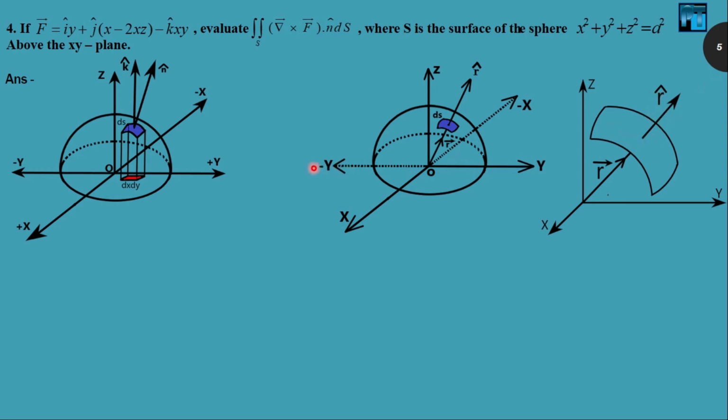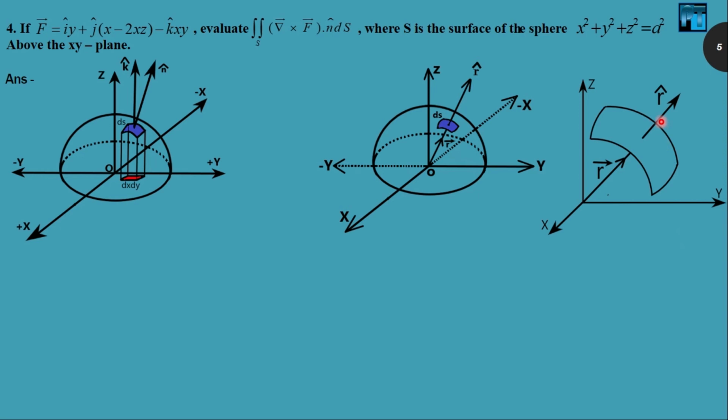If any math contains language like the direction of the surface is towards the center, then n cap is towards the minus r cap. But here it is plus r cap. Okay, so we will deal with n cap equal to r cap now.